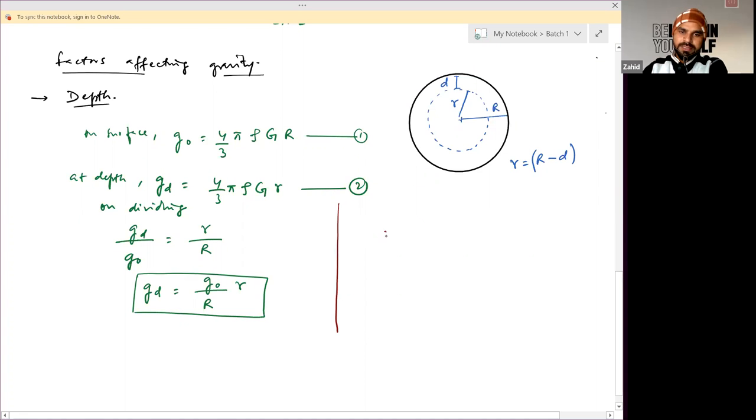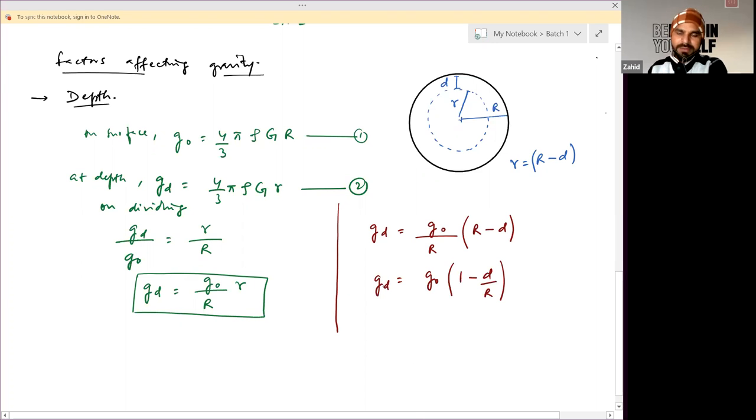We may rearrange this particular term in terms of that as well. So gravity due to depth equals to gravity on the surface by radius. Small r is also equals to R minus d. So you may write it as g naught (1 minus d by R) equals to gravity at some depth d.